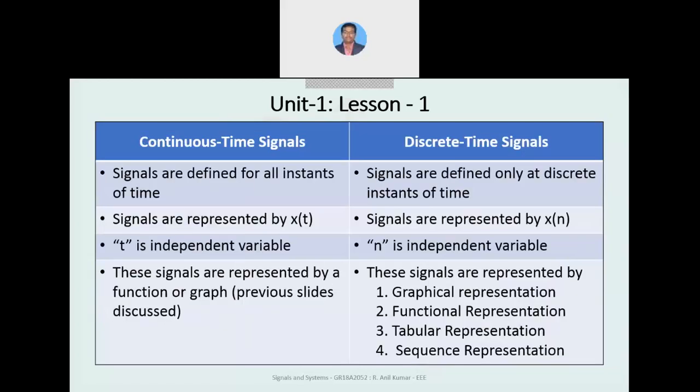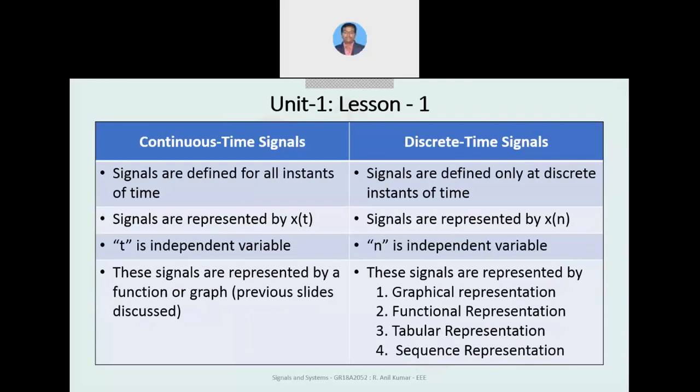And next, coming to the differences between continuous time signals and discrete time signals. As you know, continuous time signals have their value defined at any instant of time, whereas for discrete time, the signal value is defined only at certain instants, which we can term as certain samples. So the signals at the samples we are going to discuss are termed discrete time signals.